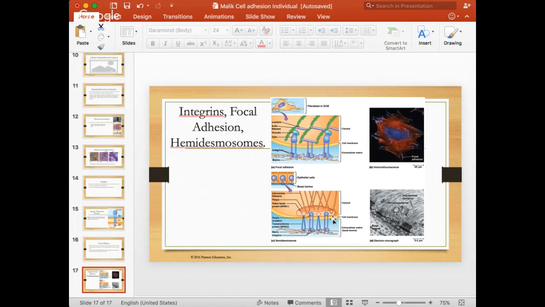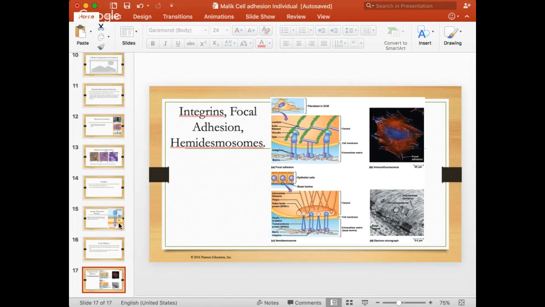Also, you can tell that we have the intermediate filaments at the bottom of this figure. This is where the plakin family protein is, and we have our different matrices, and we also again have the integrins.